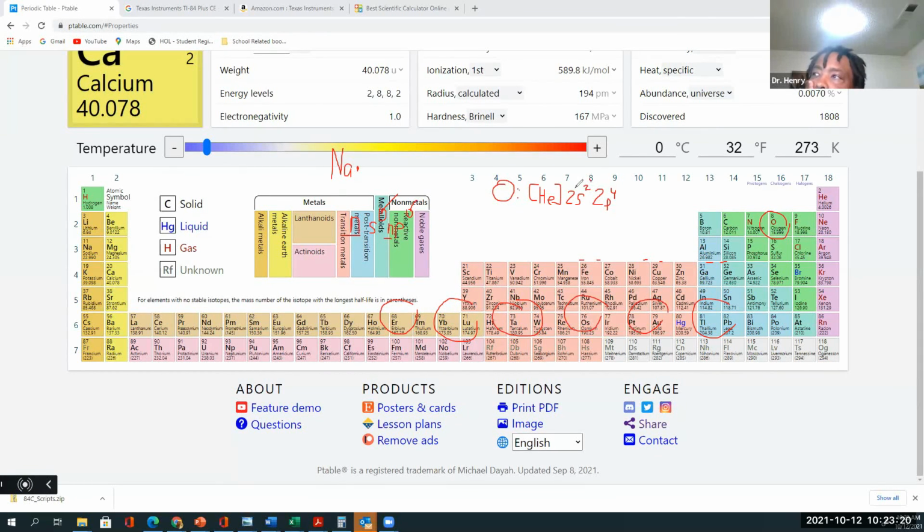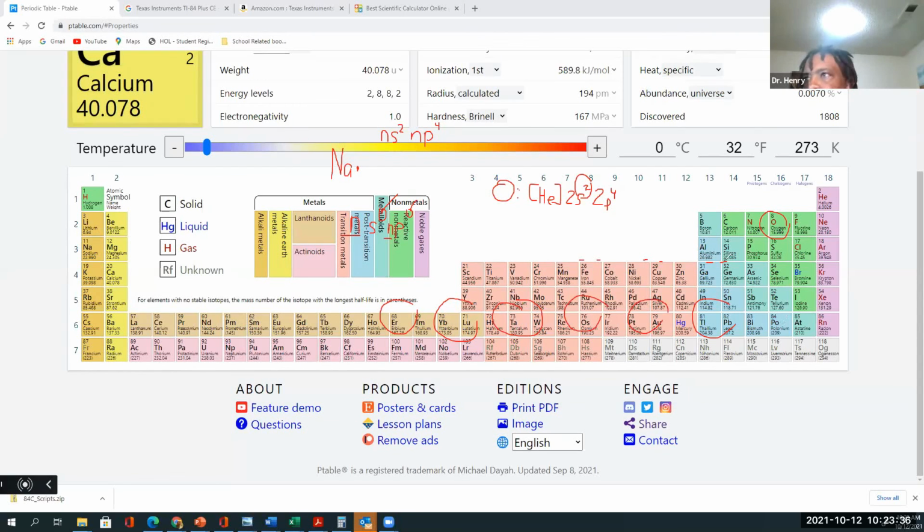Okay, so I have 2. So I'd write it n, meaning that it could be any energy level, s2 and p4. So that would always represent group 16.